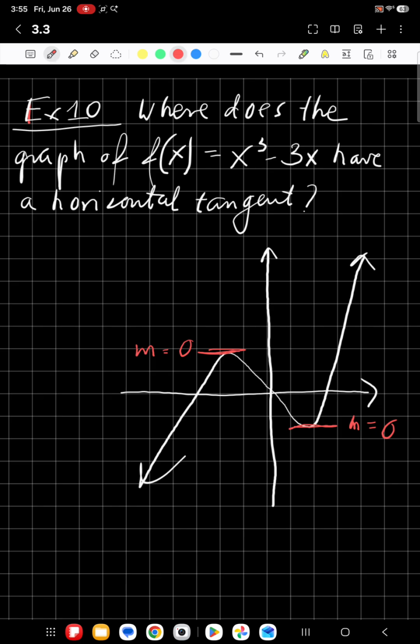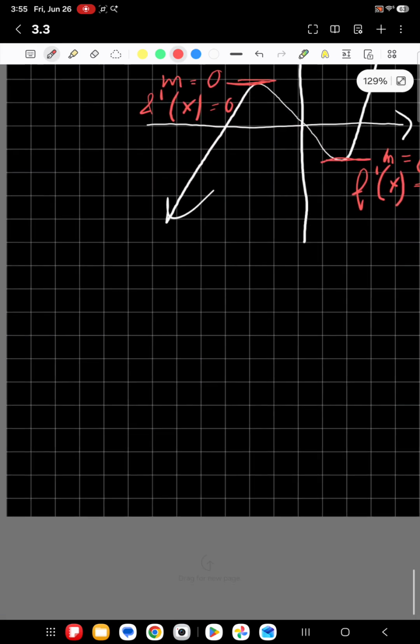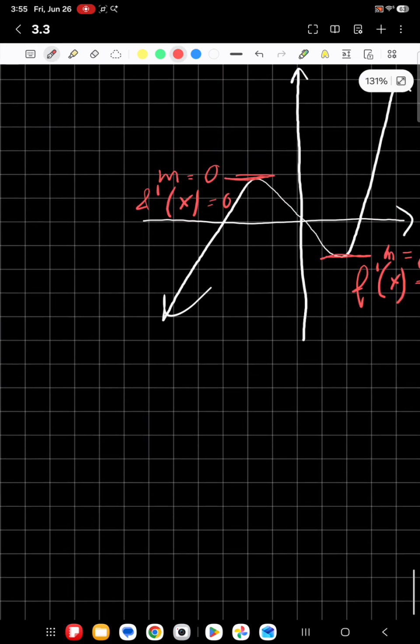That means the derivative will be 0, so f prime of x will be 0. So what we need to do is figure out what the derivative is, then make it equal to 0 and solve it.